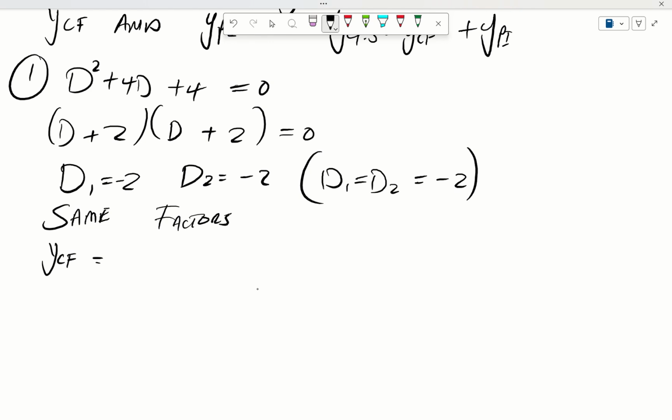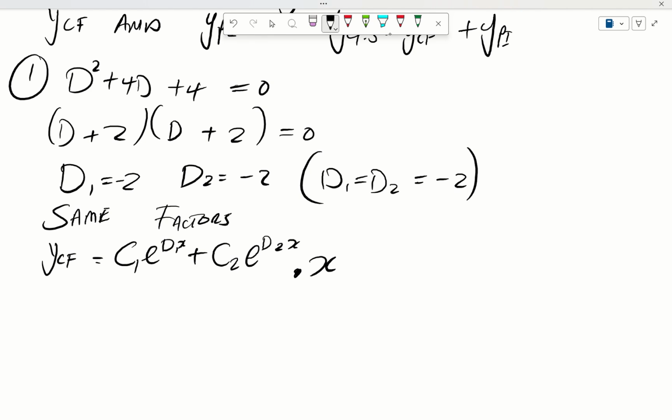YCF will be equal to C1 e^(D1 x) plus C2 e^(D2 x). And since the factors are the same, you have to multiply by x. You multiply the C2 term by x because the factors are the same.